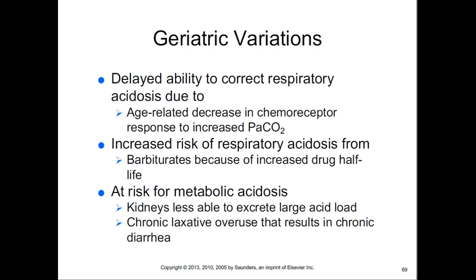Increased risk of respiratory acidosis, for example, barbiturates have a very long drug half-life. And then there's a risk for metabolic acidosis if their kidneys are less able to excrete large acid loads. You might also see chronic laxative overuse that results in chronic diarrhea.